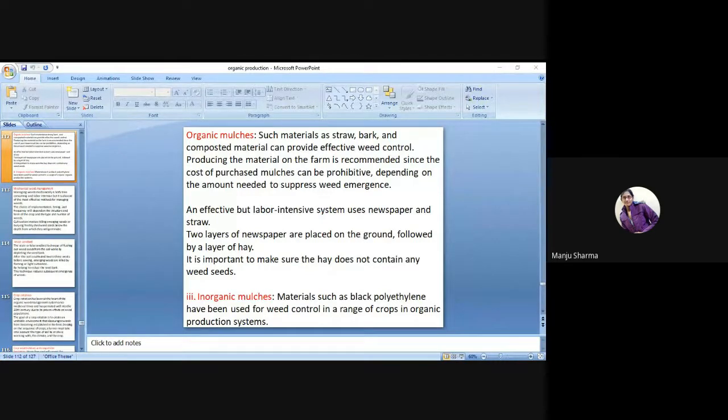It is important to make sure the hay does not contain any weed seeds. In organic mulches, materials such as black polythene have been used for weed control in a range of crops in organic production systems.